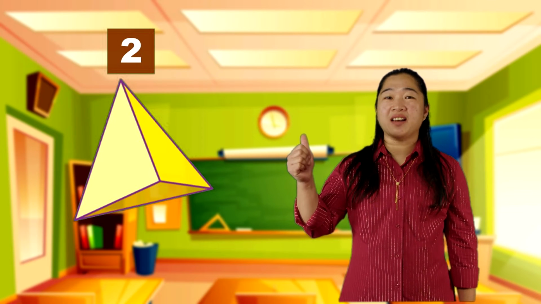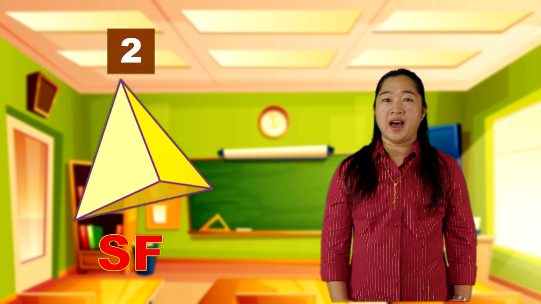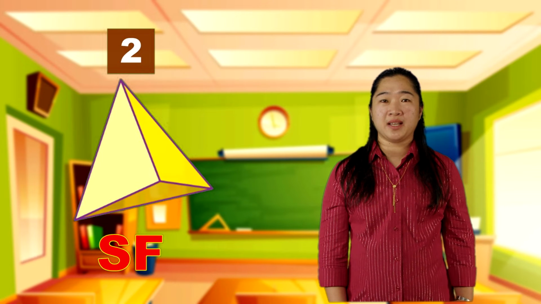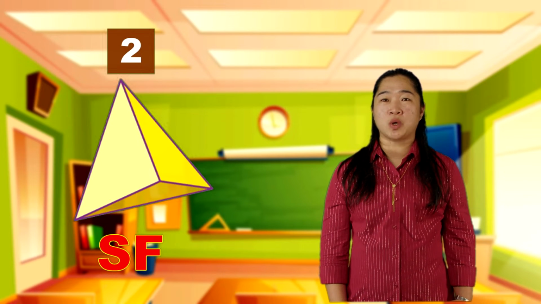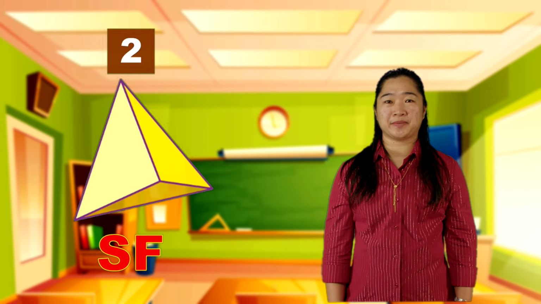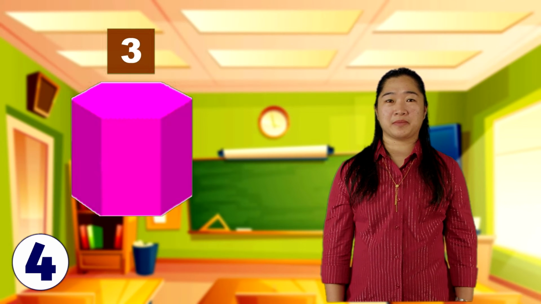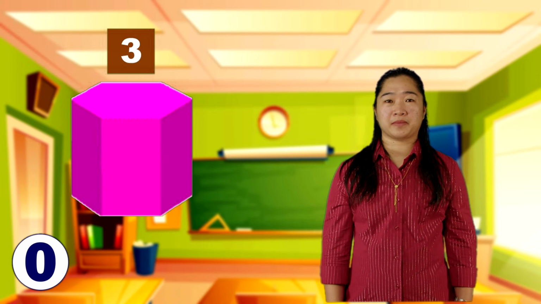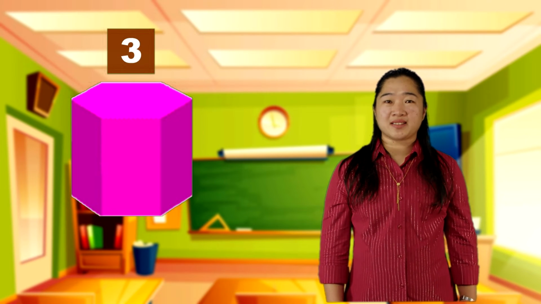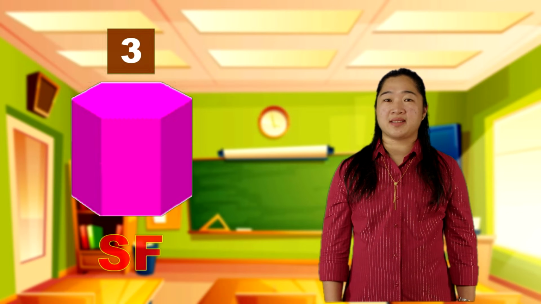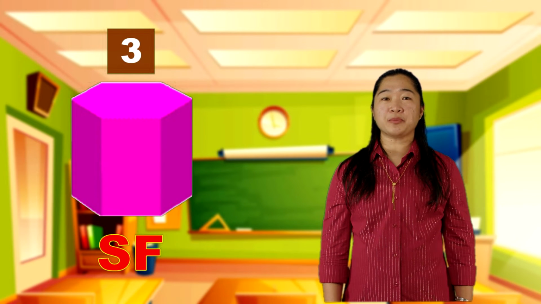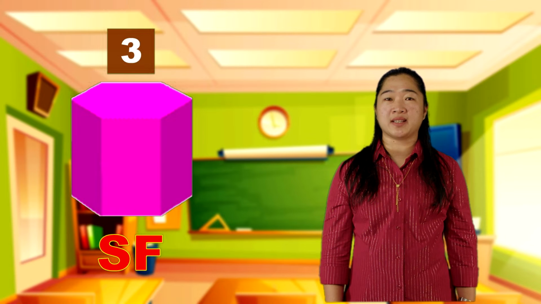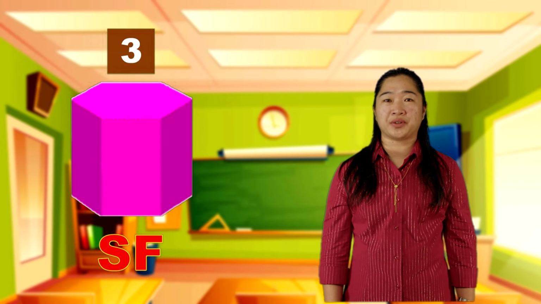Excellent! The answer is SF. A triangular pyramid is an example of a solid figure. That's right. The answer is SF. A hexagonal prism is also an example of a solid figure.